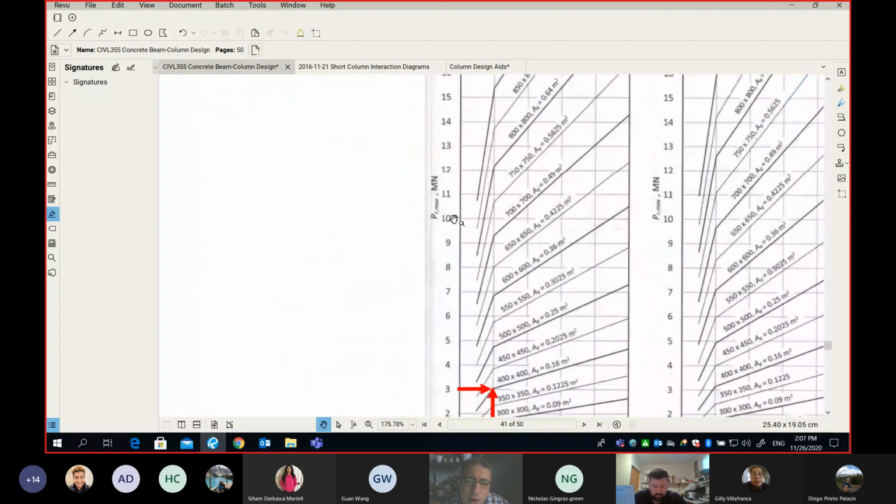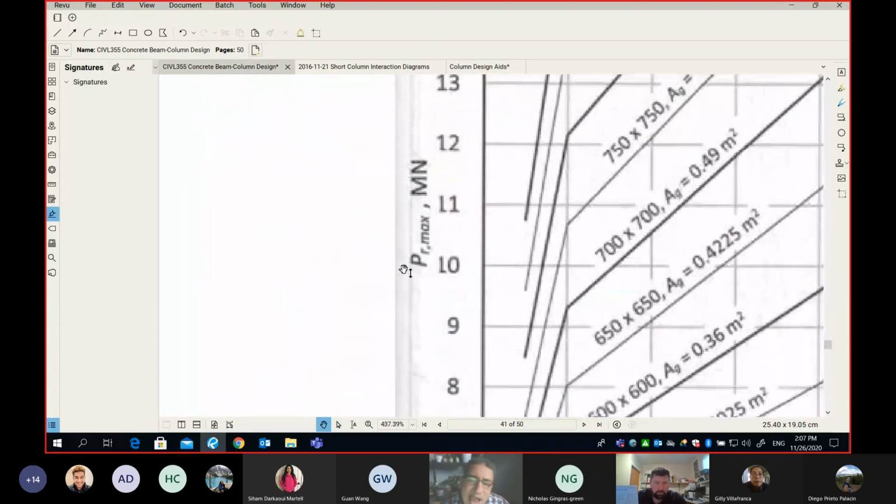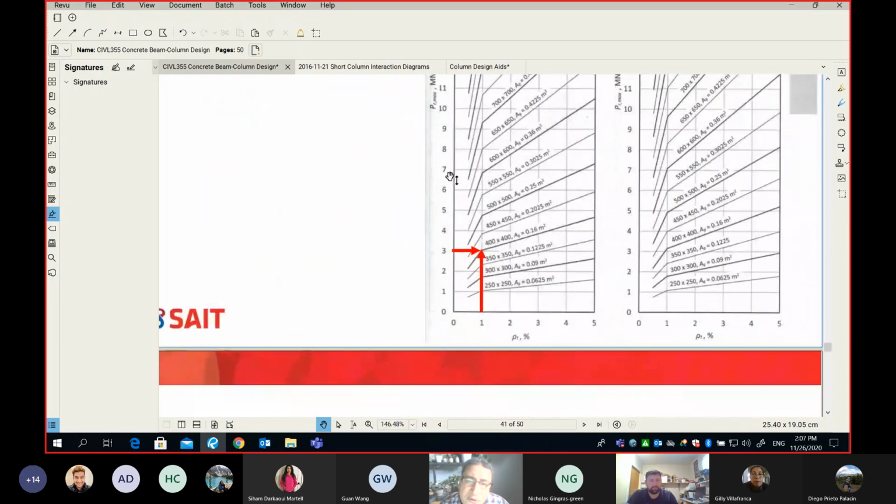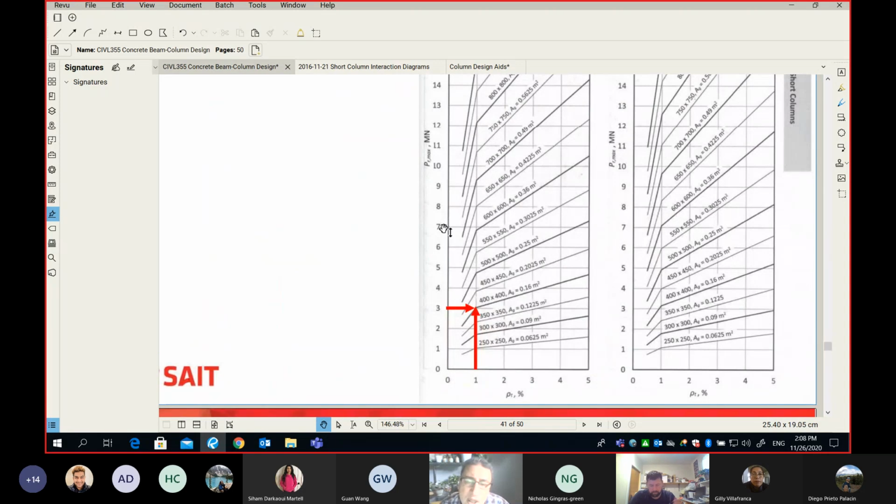I'm going to show you first what's on the y-axis. The y-axis is your P_f or P_r maximum in mega Newton. So those numbers, like 1, 2, 3, 4, 5, are the axial load factor affecting your column. How much was that number in our example?